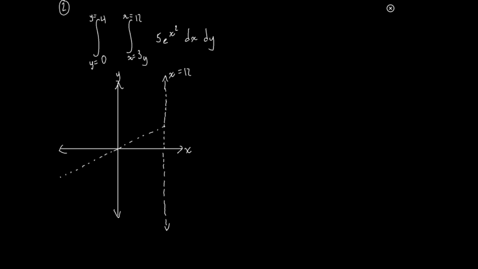Okay, and then for our y bounds, we go from y equals 0, which is just the x-axis. So this is just y equals 0. And then we have y equals 4, which, if you plug it in, intersects right there.